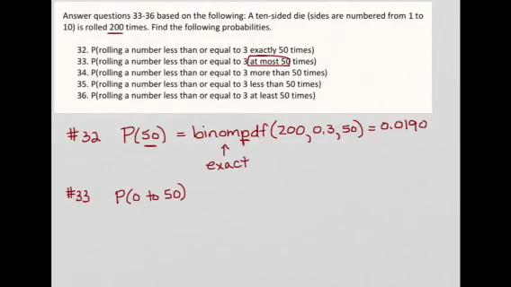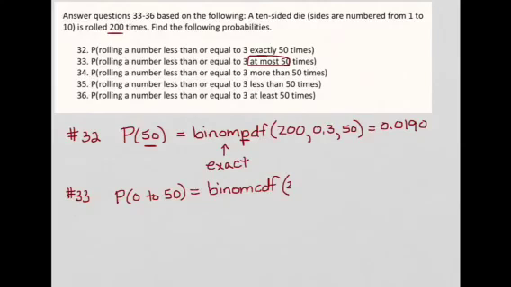So 50 is the maximum, anything below 50 is good, and we can't have less than 0 successes. So we have a range of values here, and whenever you have a range of values, that's when you use the Binomcdf function.